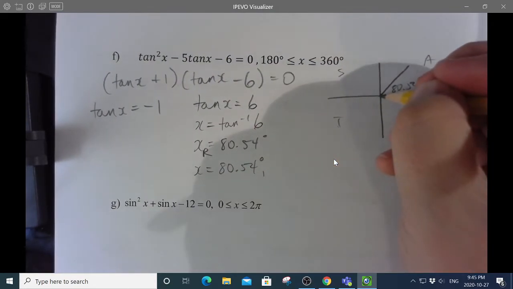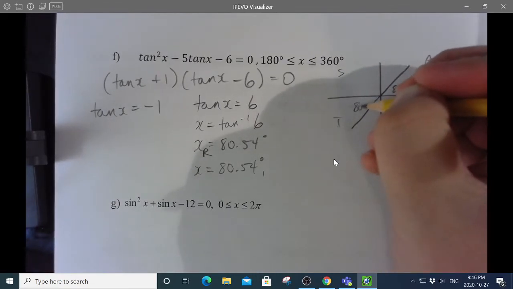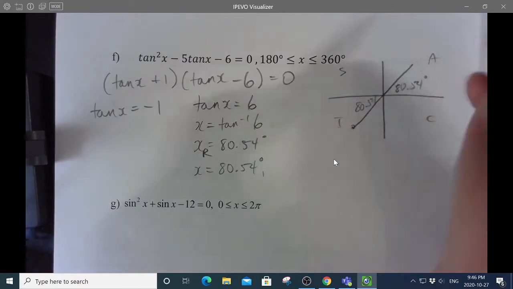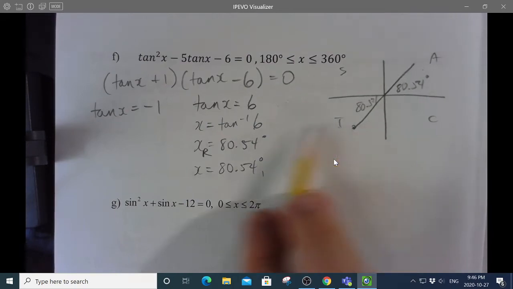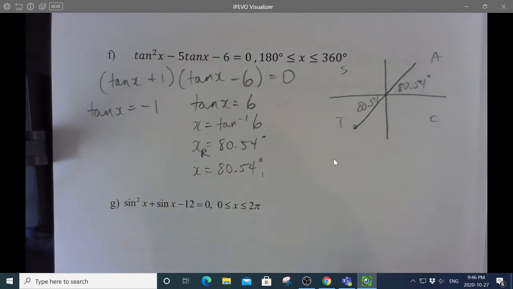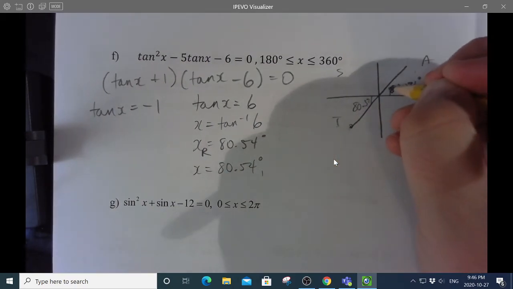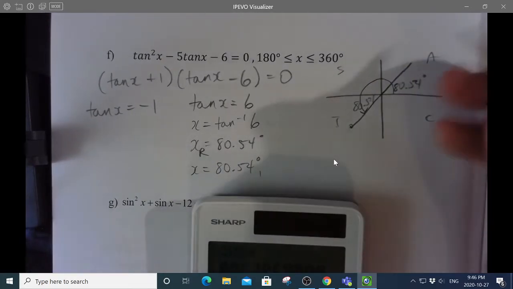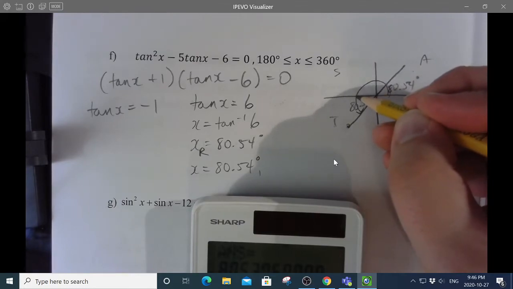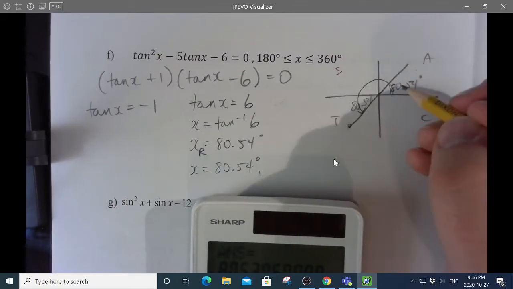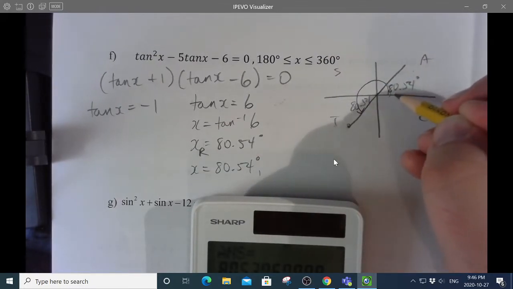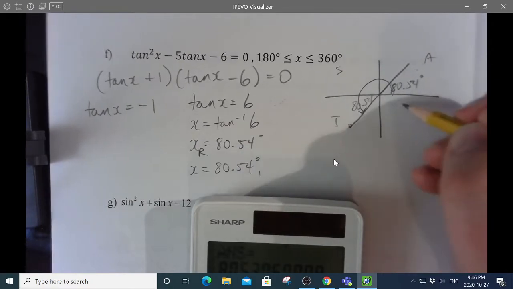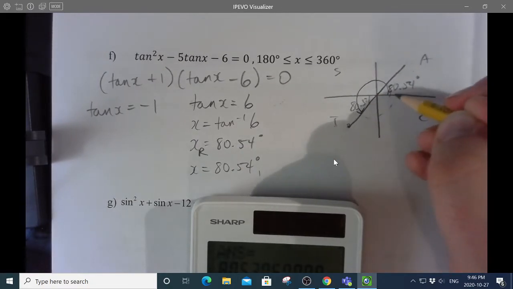However, tangent's also positive down here, so if I put an 80.54 degree angle here, I'll get the same value of tangent of that angle being 6, but the standard form of that angle is from here to here, so I have to add 180 degrees to that, because remember, from here to here is 180, right? I'm supposed to go all the way up to 360, but notice I won't hit a tangent being positive again if I keep going all the way around.